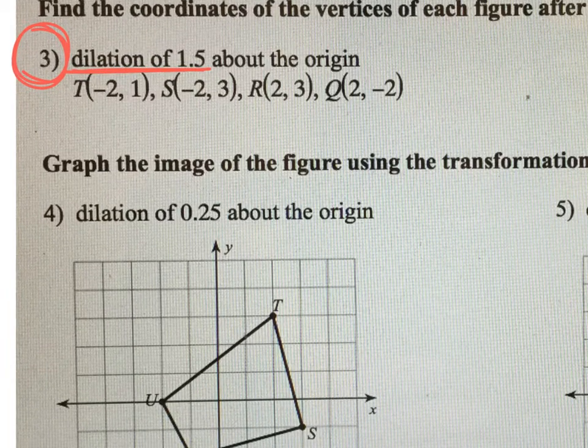What I said was dilation happens when we multiply. So we're going to take that 1.5 number and multiply it by each of the coordinates. So for instance, let me write out what I'm doing. I'm going to multiply both of these coordinates by 1.5. That means t prime, the new t value, is going to be -3 and 1.5.